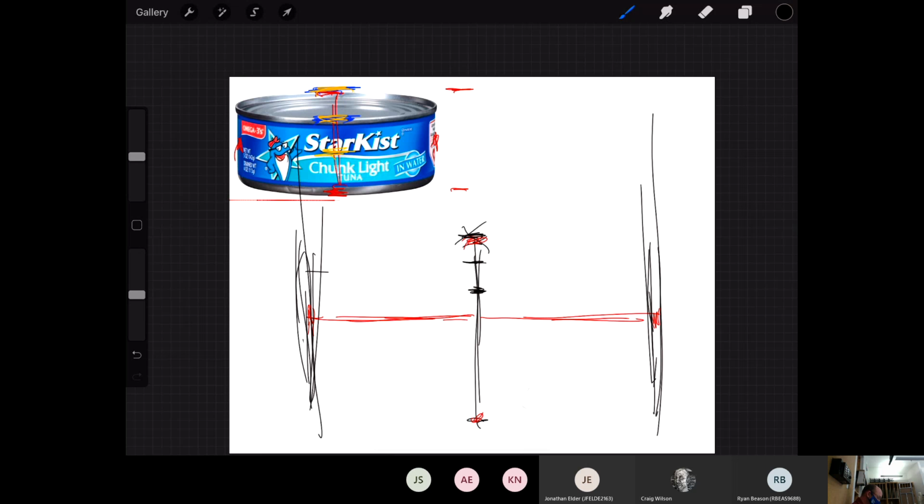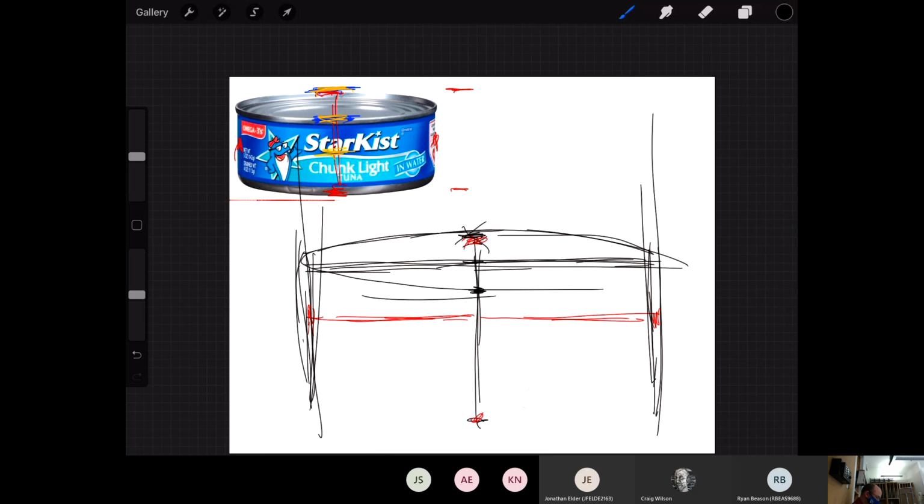So now what do we do? We find the middle, because we want to know where the corners of the ellipse are. We draw a straight line. And then we try to match these quadrants. Does that look like a pretty good match?